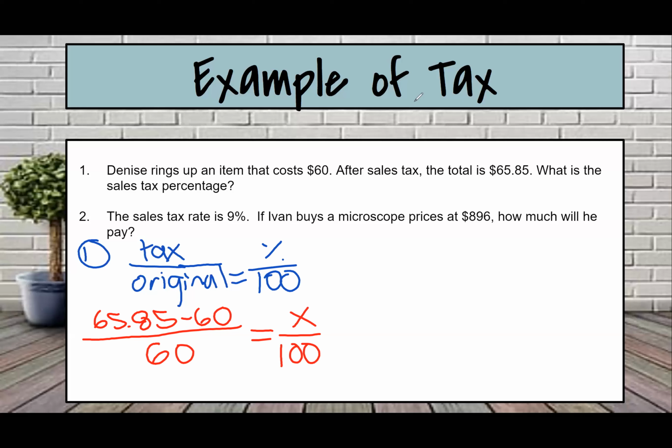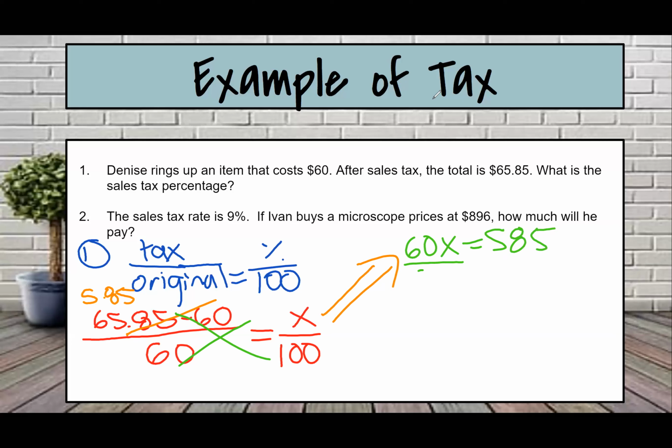And then we're going to cross multiply, but first we know right here, 65.85 minus 60 will give us $5.85, just so that we can go ahead and cross multiply. All right, so we will have 60x equals 585.